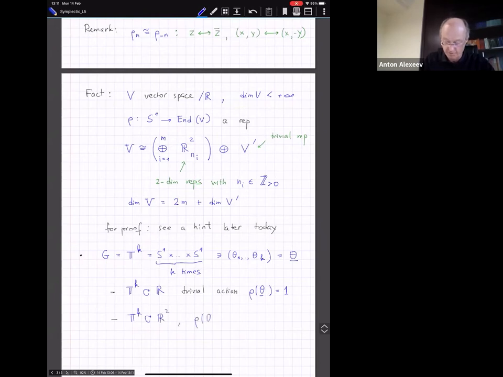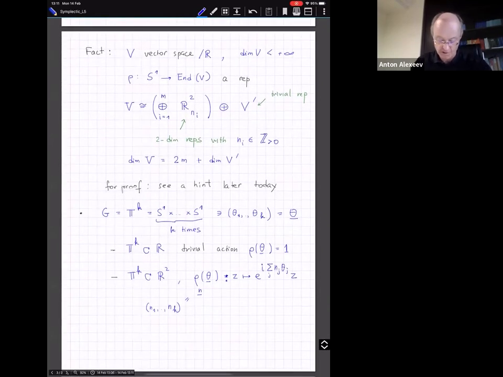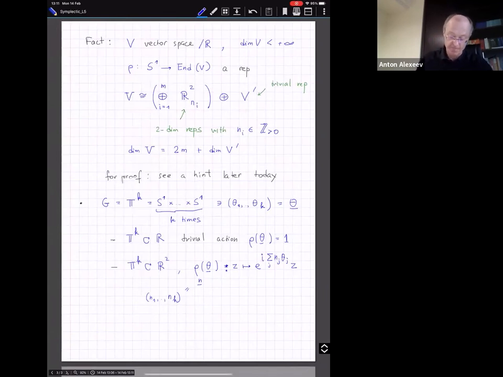And now rho of theta carries an index n, so that's again a set of integers, n_1 to n_k. And this maps, let me write it again in complex coordinates, z to e to the power i times the sum over j of n_j theta_j, times z. So this is just several copies of what we were doing before. Again, rho of minus n is isomorphic to rho of n.